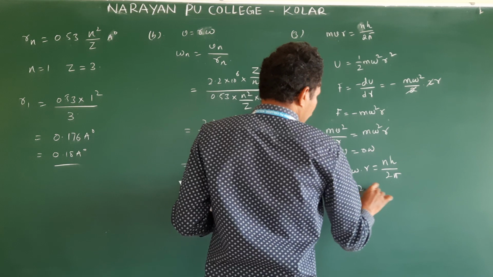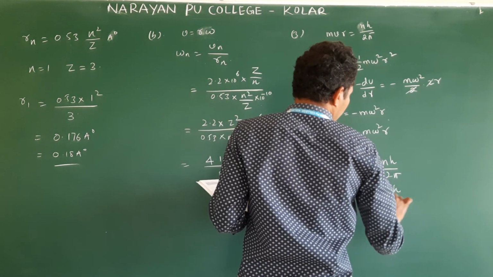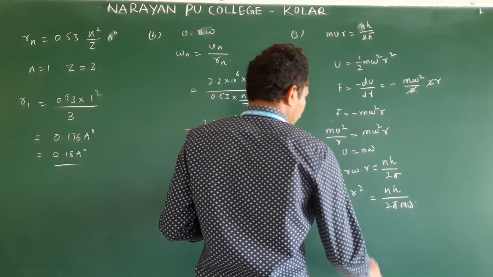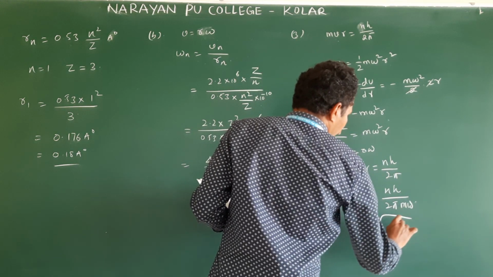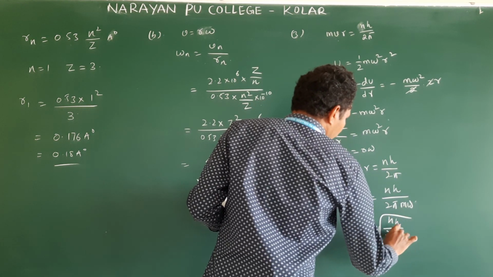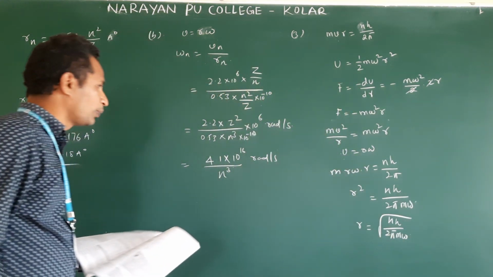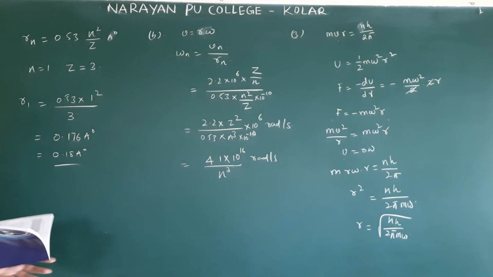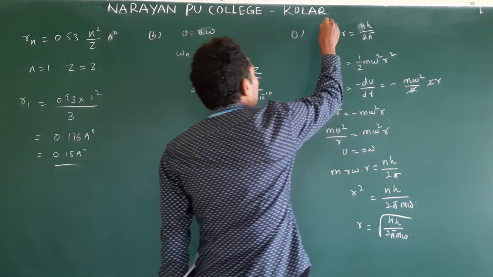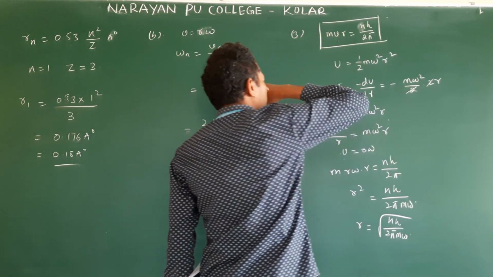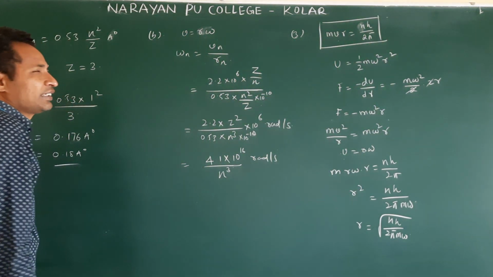From this, r square is equal to nh by 2 pi m omega, then r is equal to root of nh by 2 pi m omega. They are asking the radius.